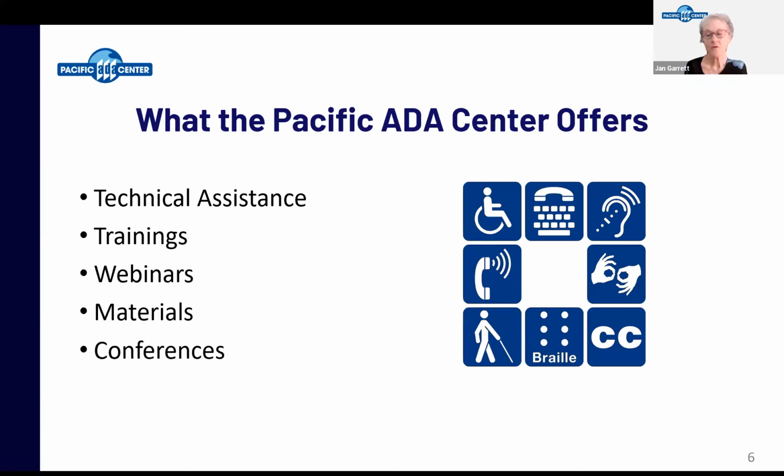So I want to tell you a little bit about what the Pacific ADA Center offers, and you'll hear from April a little bit more about what the CCDA offers. Pacific ADA Center is one of 10 centers across the country that provides technical assistance by email and by phone on the ADA and other disability rights laws. We provide training. We've been doing a lot of Zoom training, as you might imagine, over the last few years, but we are also starting to do in-person training again. We do webinars.